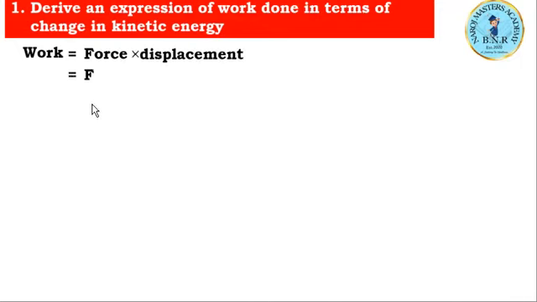That is equal to F into S. F is nothing but MA, where F is force. Then S is displacement. Displacement we get basically from v square minus u square is equal to 2as. From that, s is equal to v square minus u square by 2a.